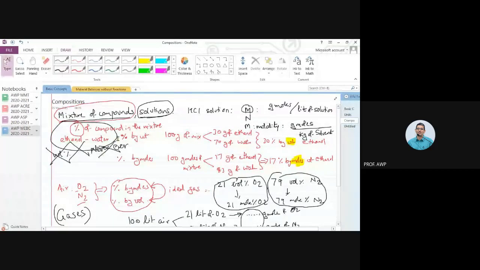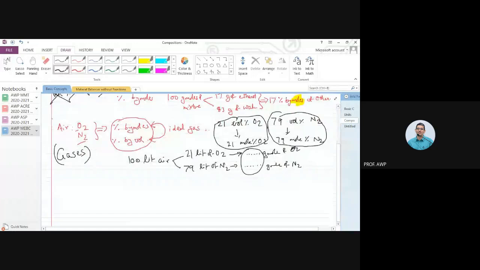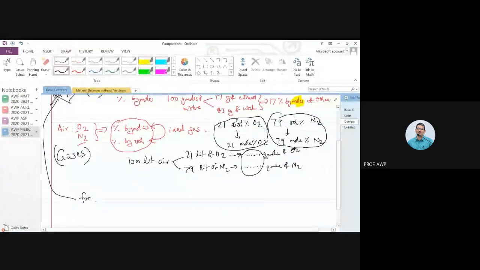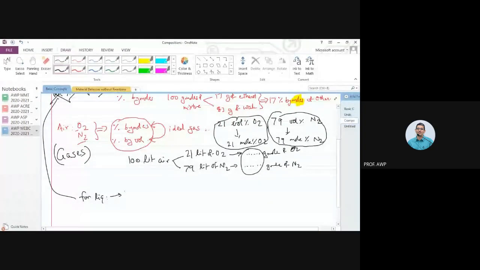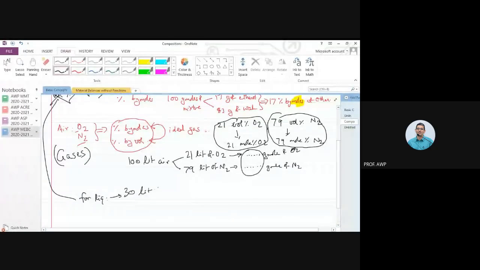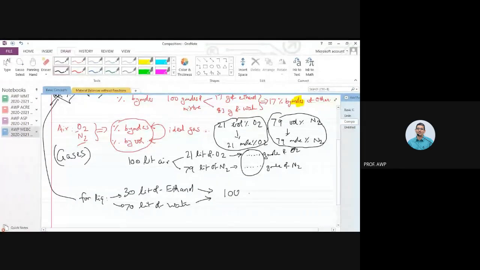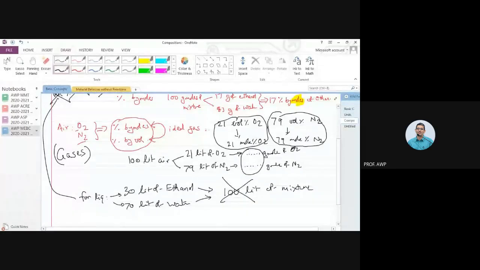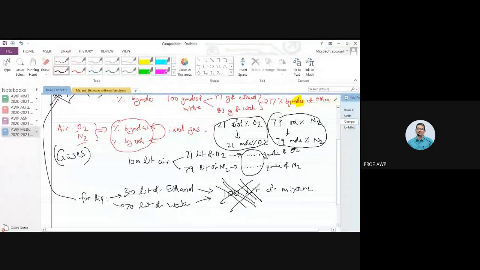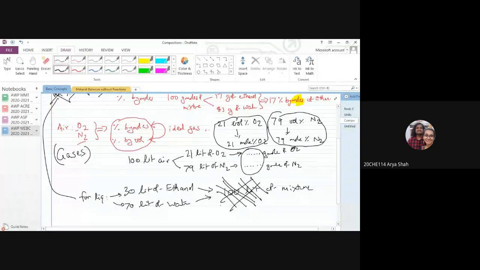Why? Because for liquids, if we take 30 liters of ethanol and 70 liters of water, and we mix them together, we will not get 100 liters of mixture. Why is that? Because of interaction between the molecules.